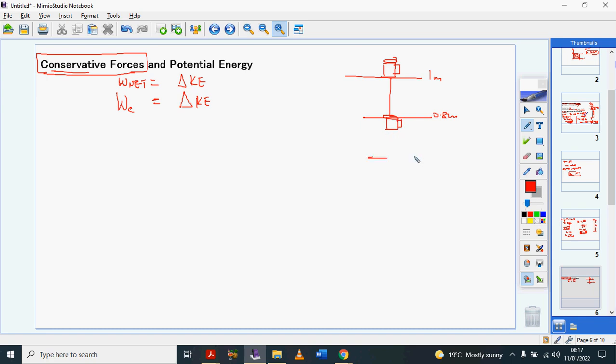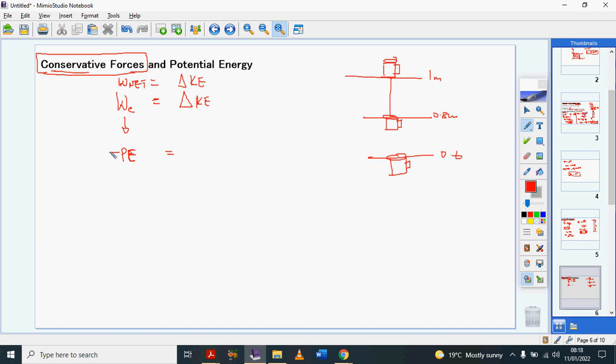As it continues to fall, it continues to lose potential energy. It doesn't have as much potential to do work as it did at the height of 1 meter. So these conservative forces lead to a loss in potential energy.